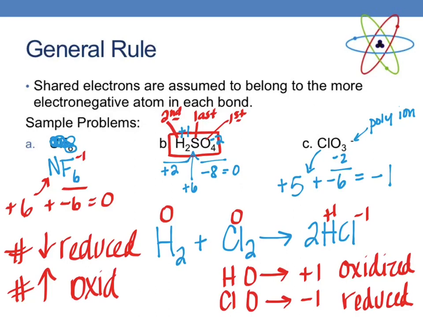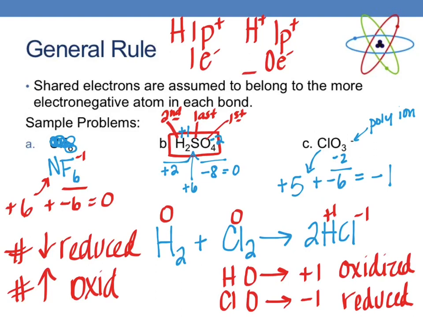When we have free hydrogen, we have 1 proton and 1 electron. When hydrogen goes to a positive 1 charge, it has 1 proton, but how many electrons does it have? 0. So it has a plus 1.